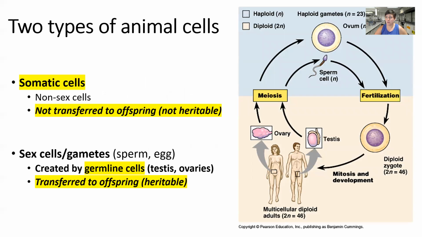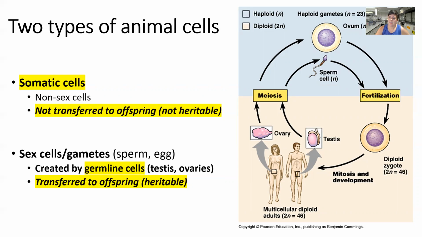I just want to remind you that in the body, there are two types of cells, and those can be classified as somatic cells or sex cells, which are also called gametes. Somatic cells are all the cells in the body that are your non-sex cells. So these would be your diploid cells, like your skin cells, your muscle cells, your nervous cells, basically all of your cells except for your sperm or your egg.